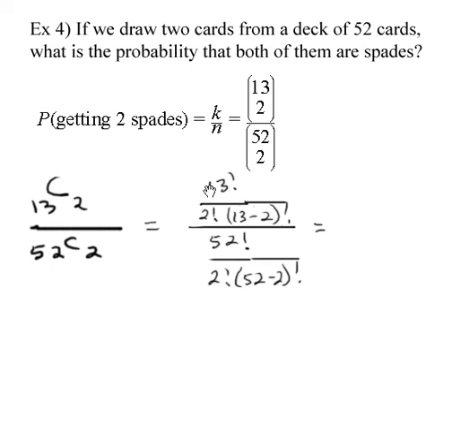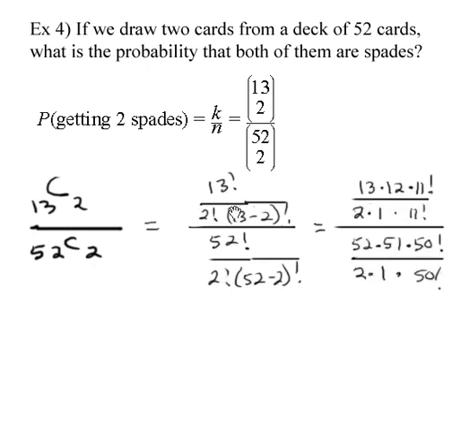So that's 13 factorial over 2 factorial times 13 minus 2 factorial in the numerator. Denominator is 52 factorial over 52 minus 2 factorial times 2 factorial. So 13 factorial, we're going to write that as 13 times 12 times 11 factorial and stop, because 13 minus 2 is 11 factorial, and those will divide out in just a second. 52 factorial we'll write as 52 times 51 times 50, and we'll stop there because 52 minus 2 is 50 factorial.